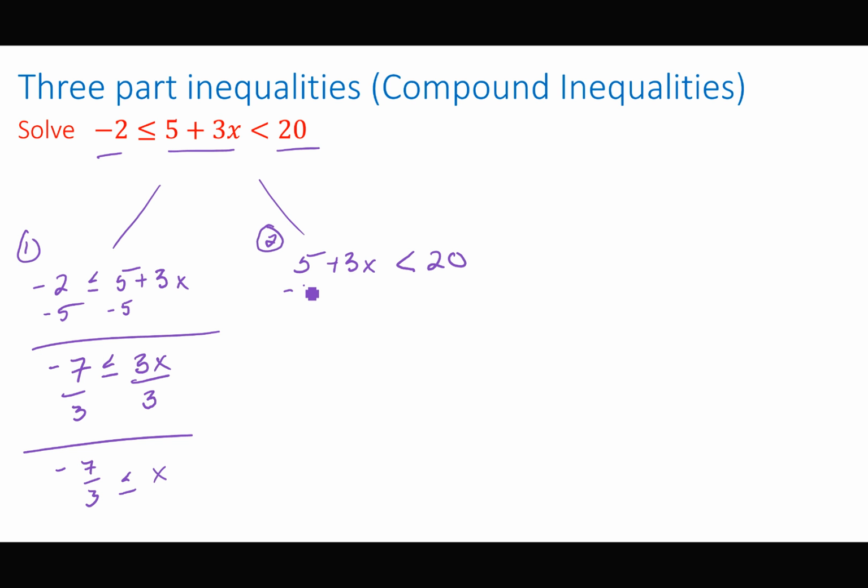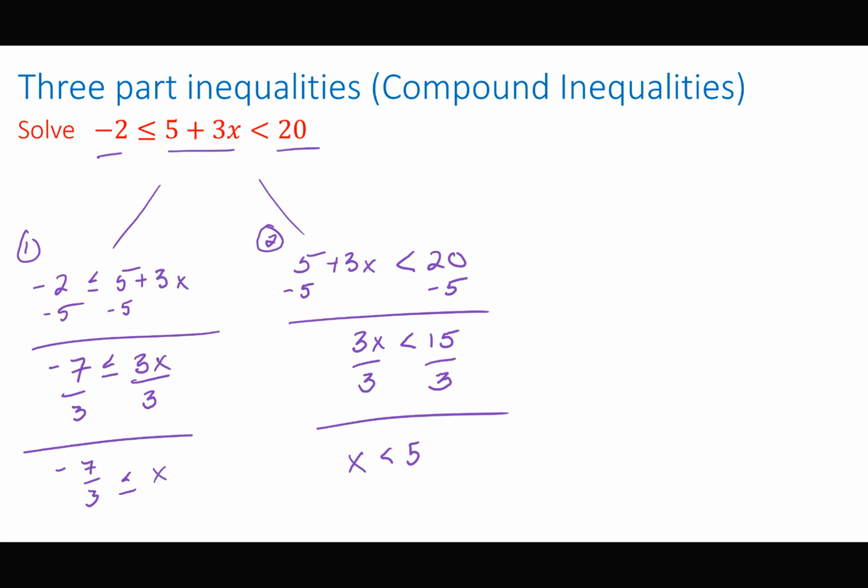The one on the right, I'll subtract 5, so that's 3x is less than 15. Divide by 3 on each one. I'm not dividing by a negative, so I don't have to do any reversing of the inequality symbol. So x is less than 5.